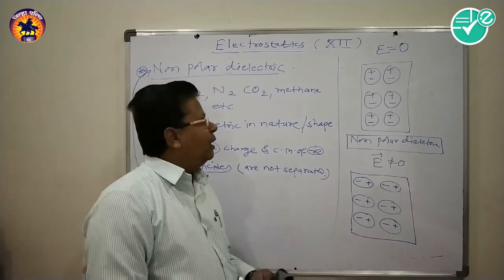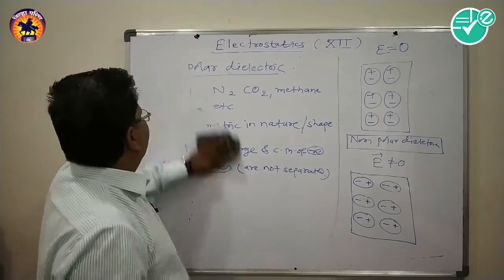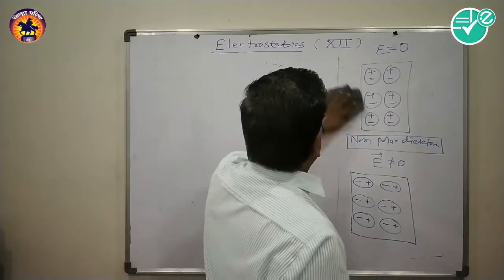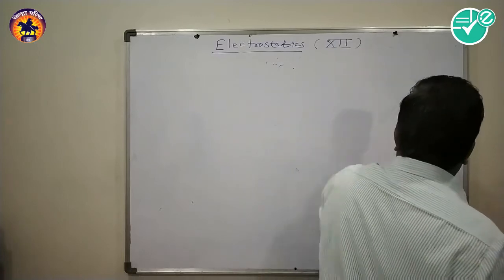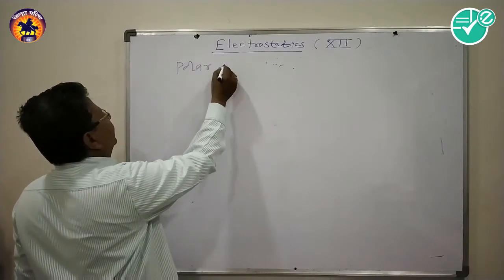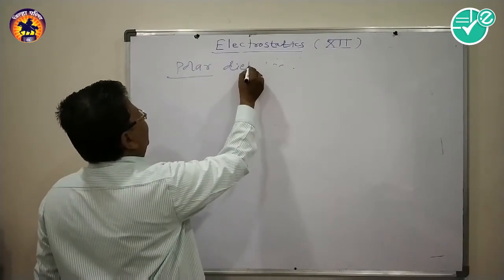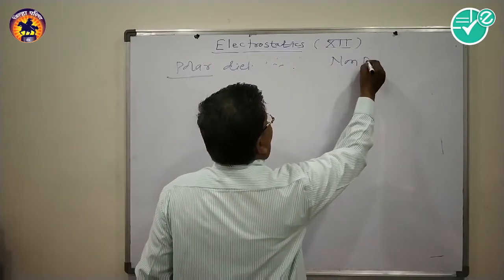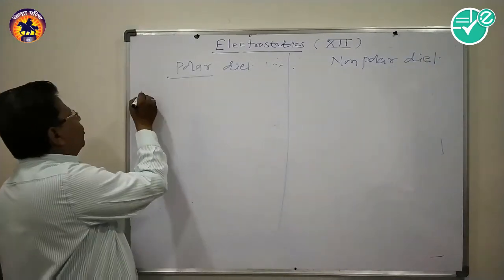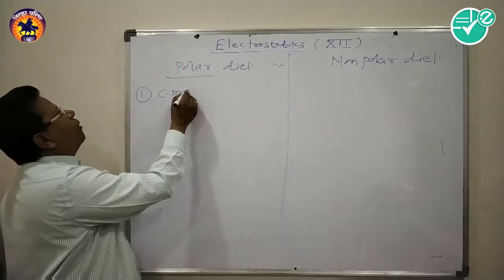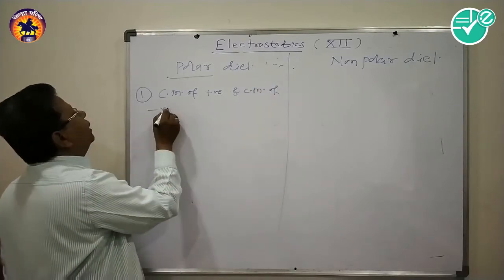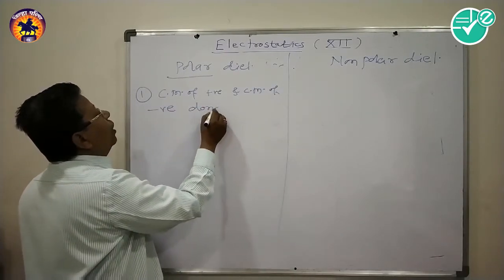So, if we summarize polar dielectric and non-polar dielectric substances, the first point is: in polar dielectric, the center of mass of positive charge and center of mass of negative charge do not coincide.